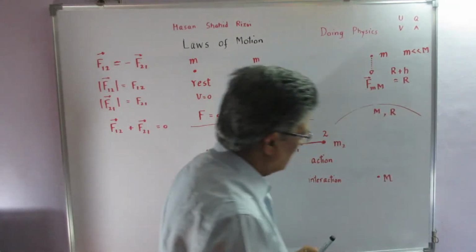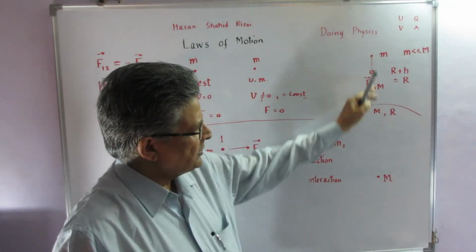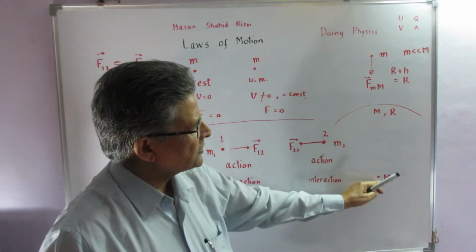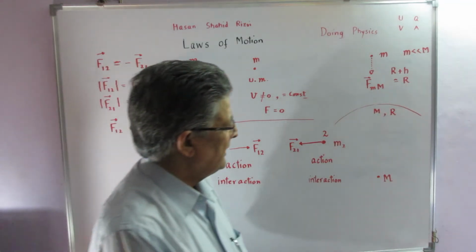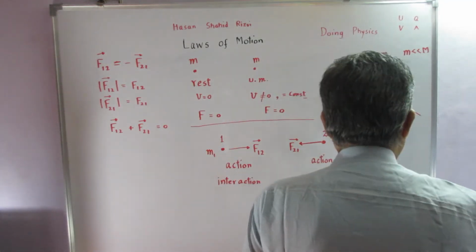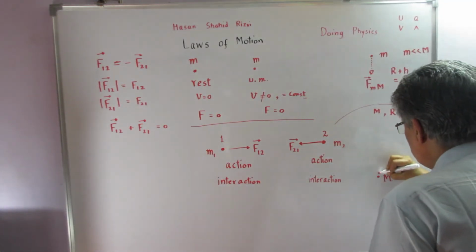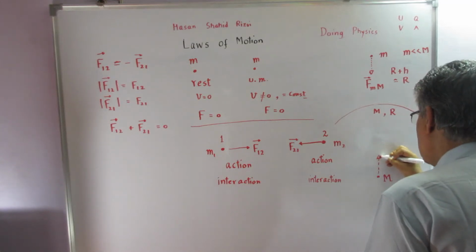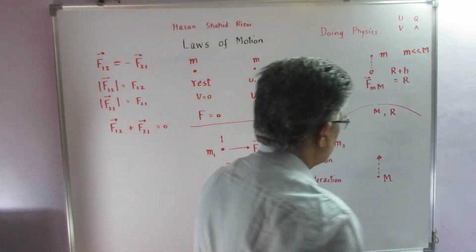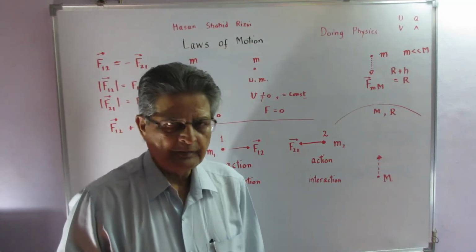That there are two bodies, one falling towards the earth, and it is far away, but I am showing it here, and in that case there will be the pair force that will apply at the center of the earth.